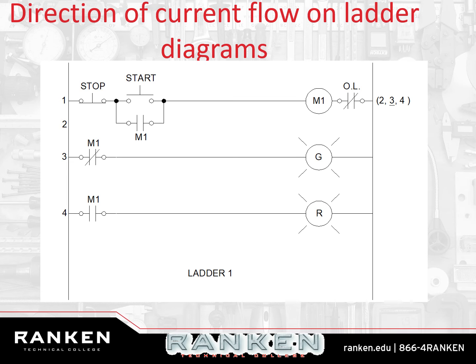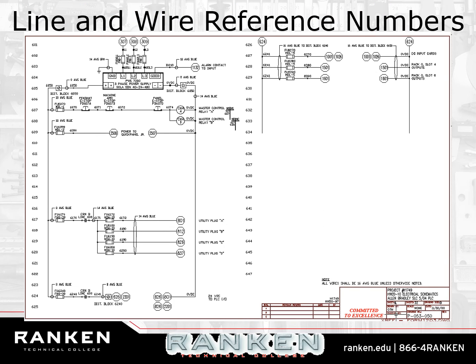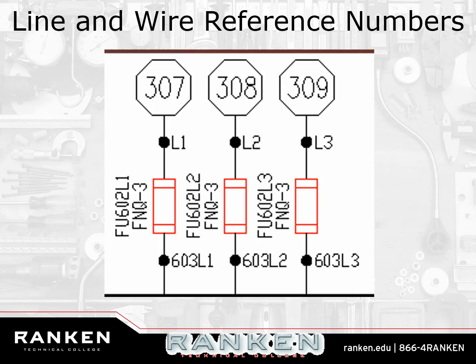Motor comes on, stays on, until A, I hit stop, or B, I have an overload. Pretty simple, right? Great. This one was a little harder. We're going to talk about these later on.